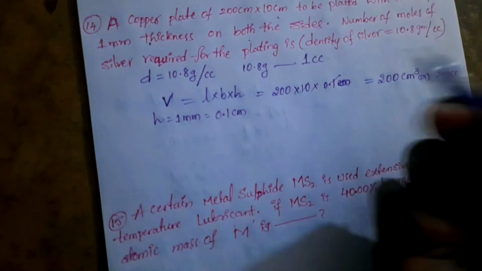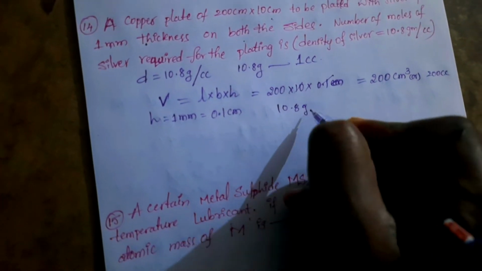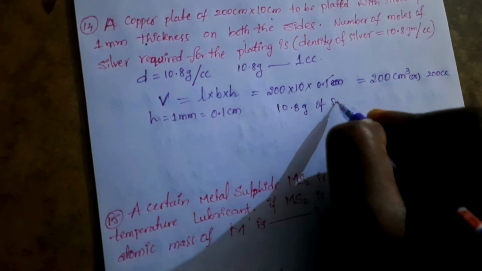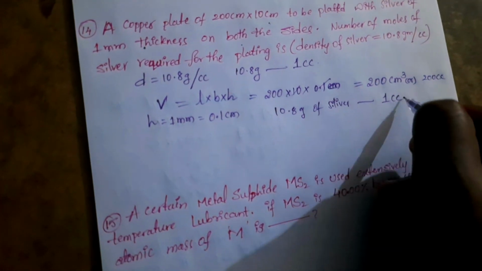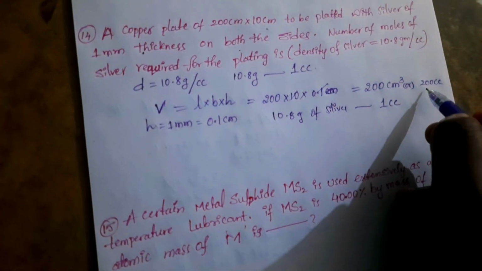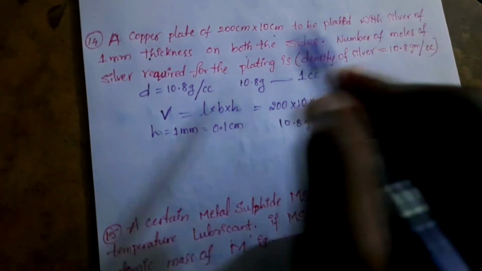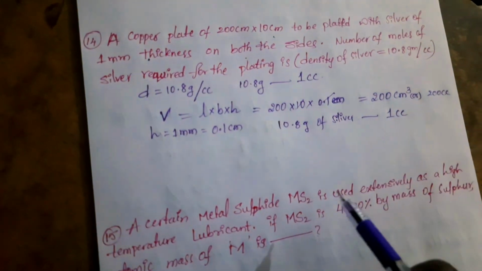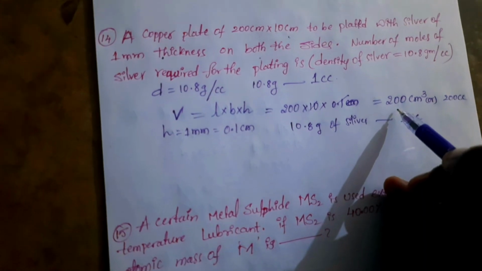Now the weight of that volume will be how much here? 10.8 grams of silver will occupy how much volume? 1 cc. So for 200 cc, now in this case one more thing here, to be plated with silver of 1 millimeter thickness on both the sides. If you want to plate one side, how much is it? 200 centimeter cube, one side volume.